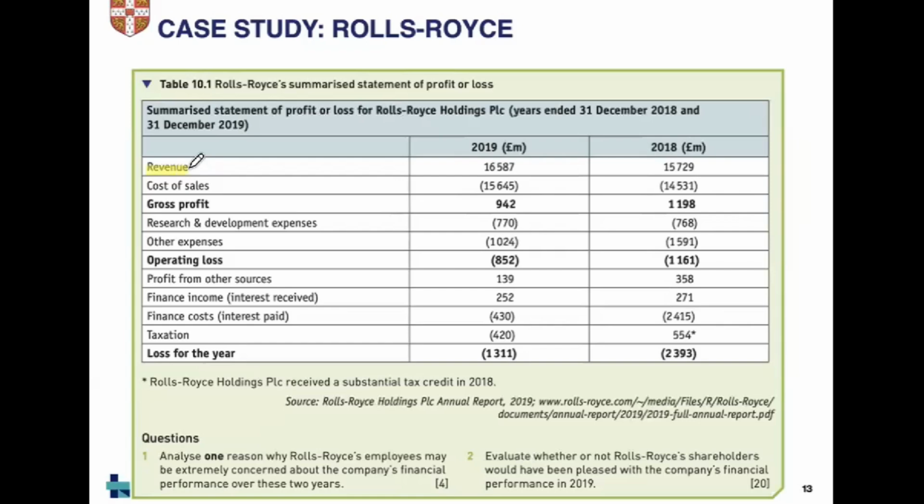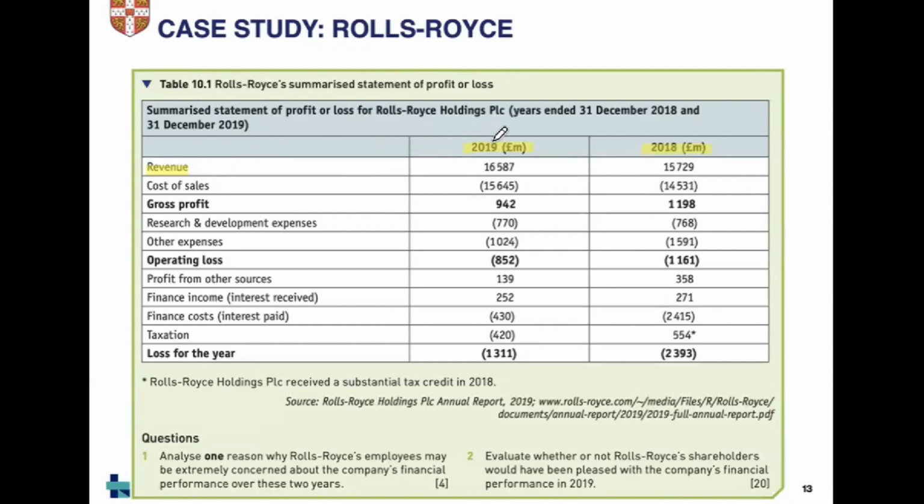So they are manufacturing engines. And for the year 2019, we can see the year in millions of pounds. And for the year 2018, in millions of pounds also, we can see the business's revenue for 2019 and 2018.